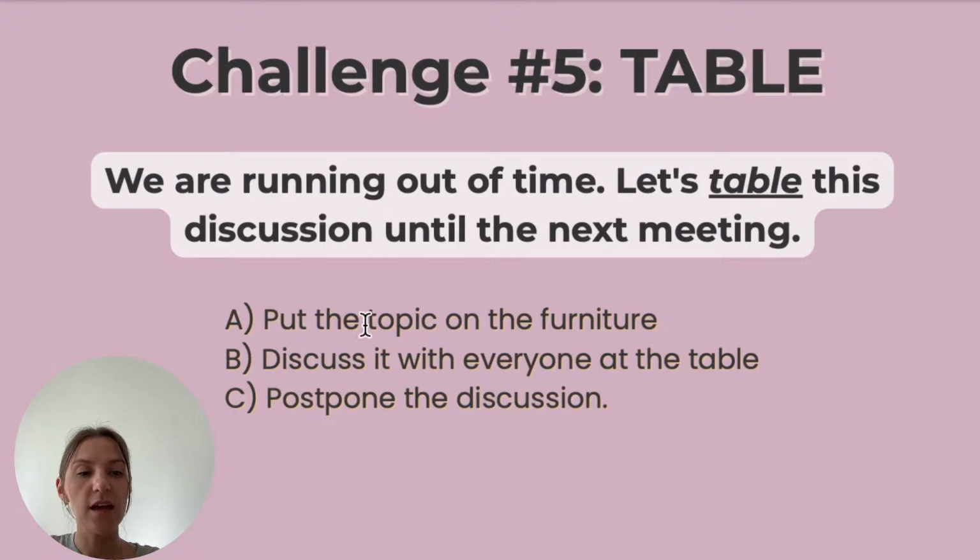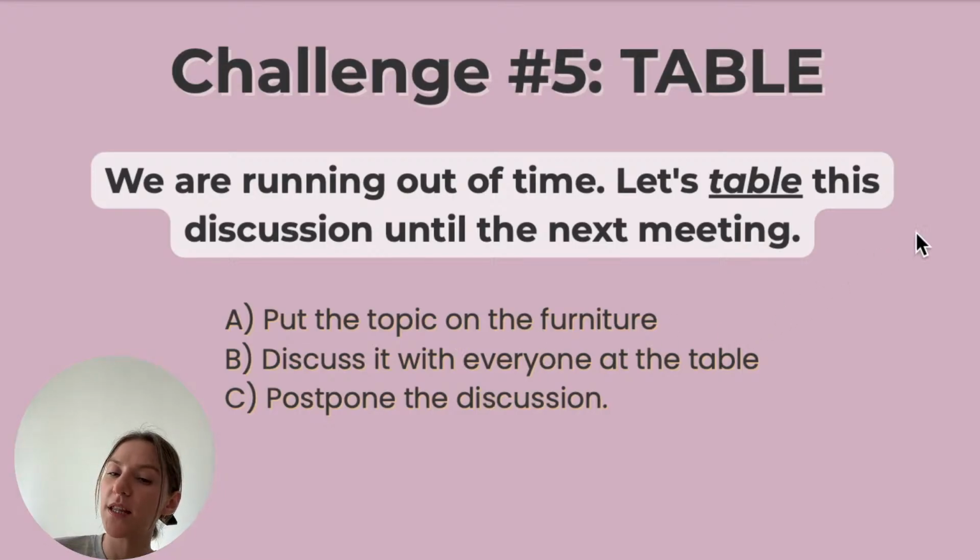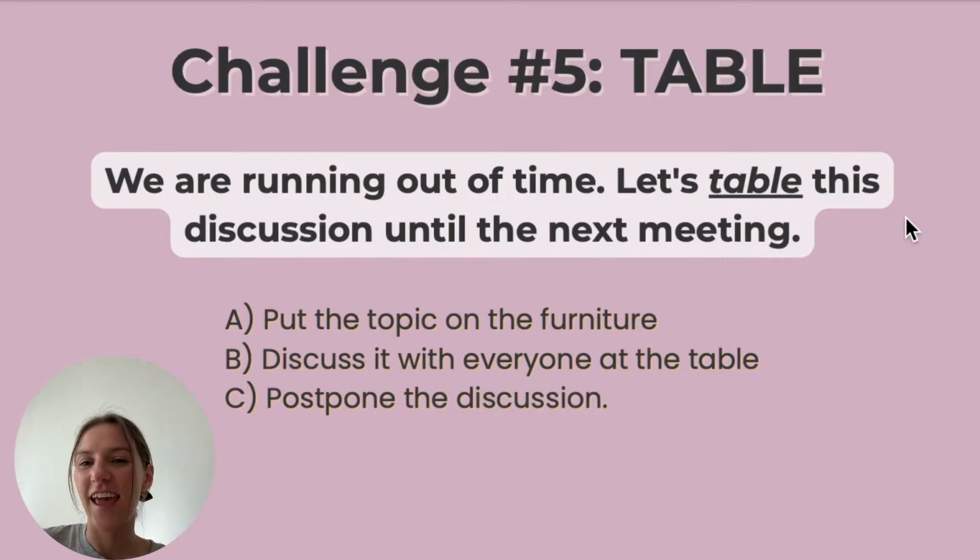Is it A, put the topic on the furniture, B, discuss it with everyone at the table, or C, postpone the discussion? I'm waiting for your answers in the chat. This is actually high-level meeting vocabulary, so you can definitely use it when you're at work, when you have a business meeting, when you meet a client, or when you talk on the phone with a client.